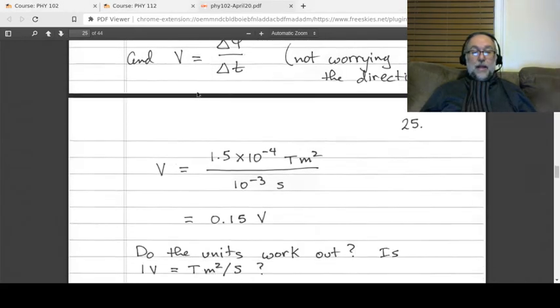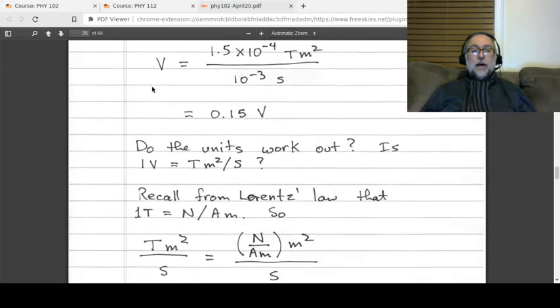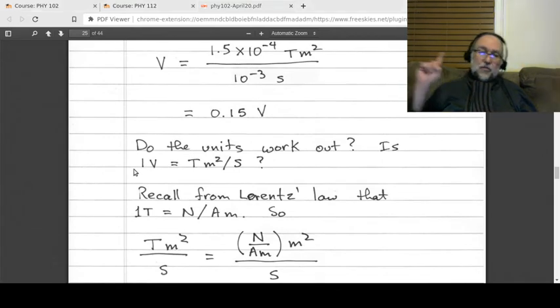If you plug that in, it turns out that you get 0.15 volts. So the voltage that's going to be induced around this loop will actually be 0.15 volts.